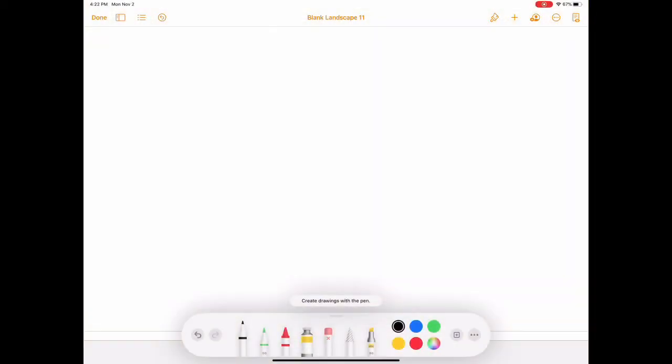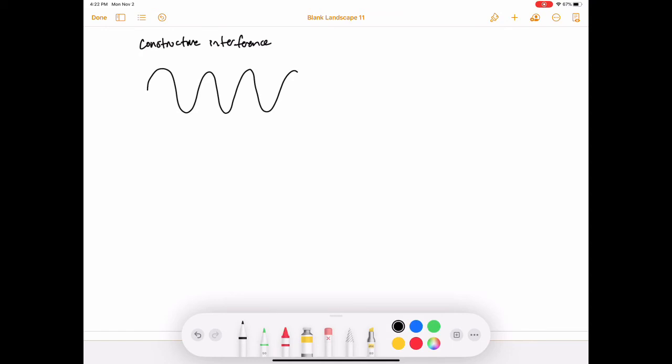And just to remind you, there's another way to visualize constructive interference. Here, we're actually going to draw the waveform. And then we'll draw a second waveform. In this case, I'm showing the 2 waves exactly in phase.